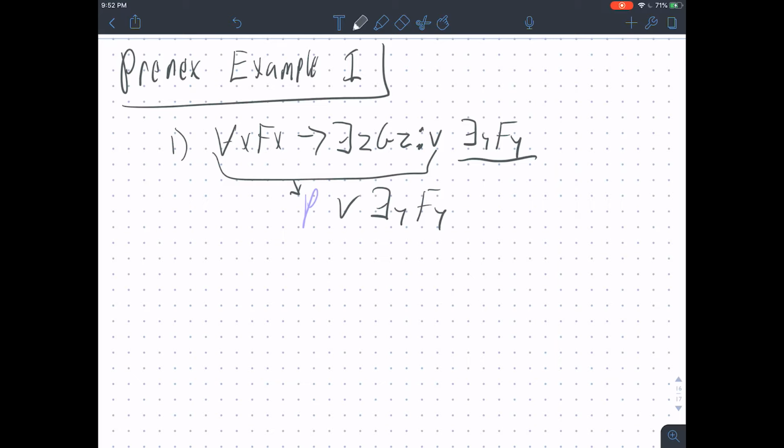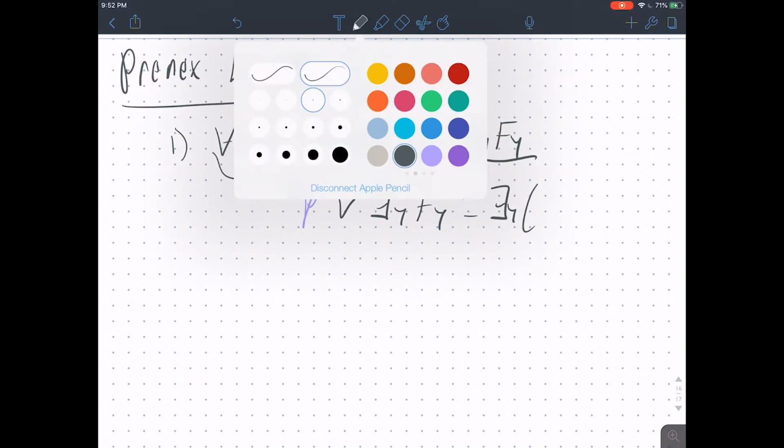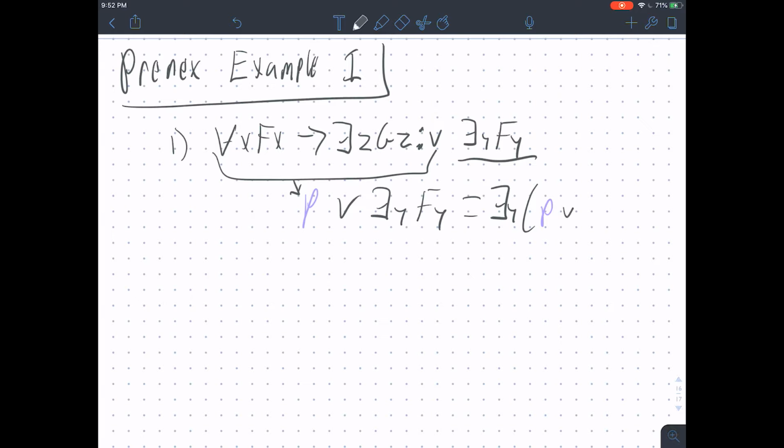And so if we want to go to this, we're just going to bring the quantifier out to the front. Simple enough.